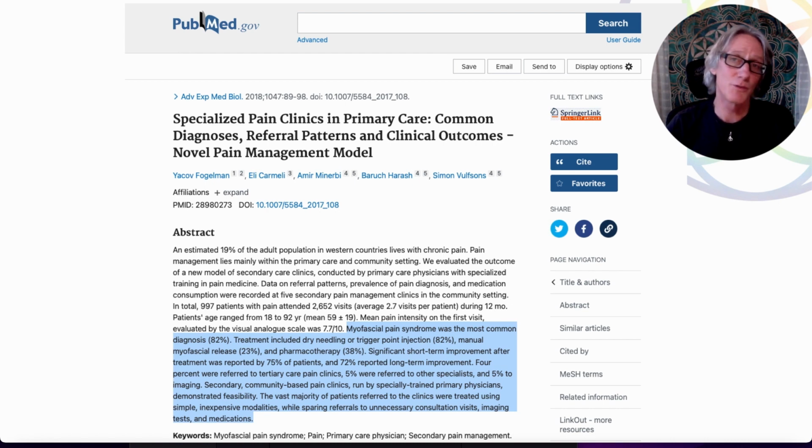Most pain is actually from trigger points, and if you don't understand trigger points, then you're not going to treat the patient effectively. So this study shows that when doctors are trained in trigger point therapy, the majority of people coming to them with pain get diagnosed with myofascial pain syndrome and get significant improvement.